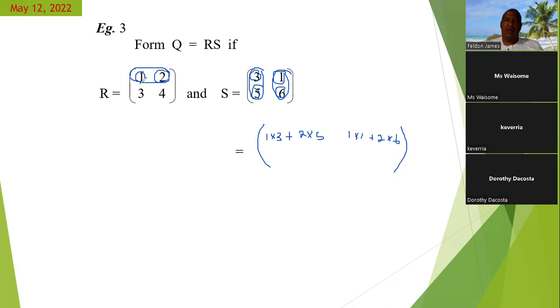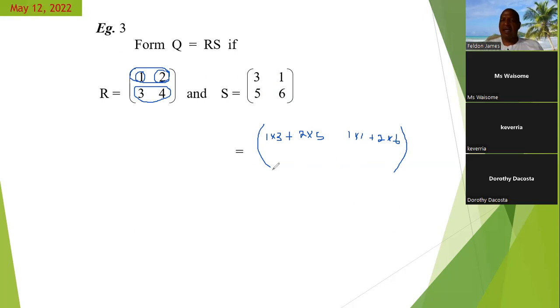Now, after we are through with this first row, we have to move on to the second row and go back with the 2 columns in the second matrix again. So let me erase these. And now we're going to use the second row with the same 2 columns to get the 2 bottom elements down here.